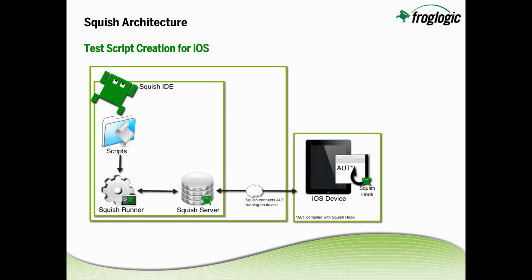Now, hooking into an application, whether you're hooking into the previous screen was your simulator, this is your actual device, we're not interfering with that application. In iOS, when you're working on device, there is a hook that you do need to enable when you compile that app.